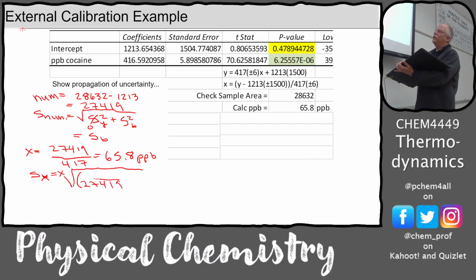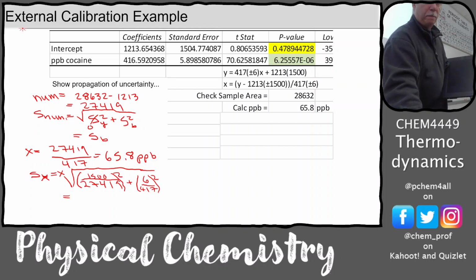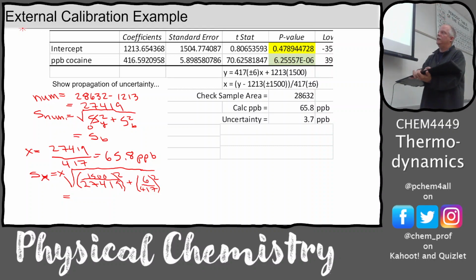What's in the numerator of that one? It's the uncertainty for that numerator. And that's going to be SB. So that's 1500 squared. And then SM over M. So 6 over 417. 3.7.